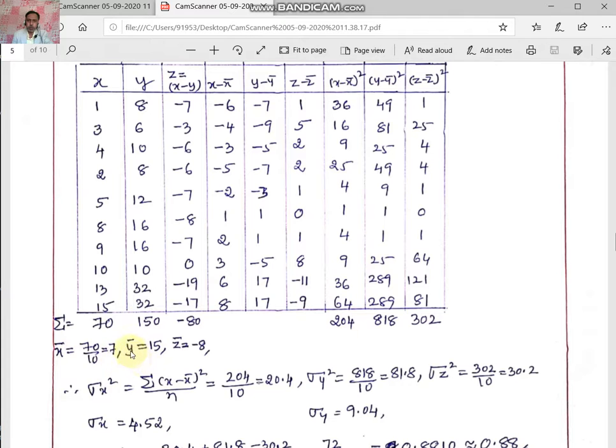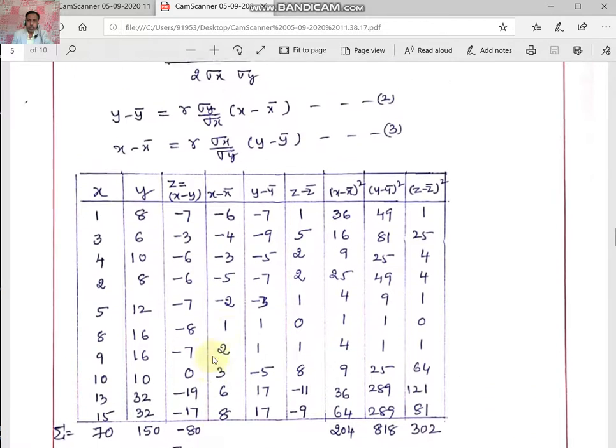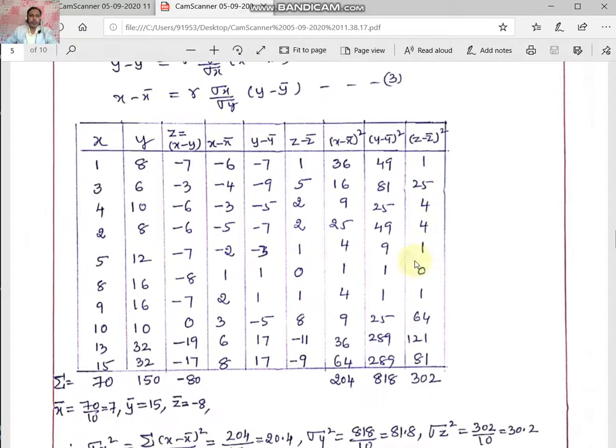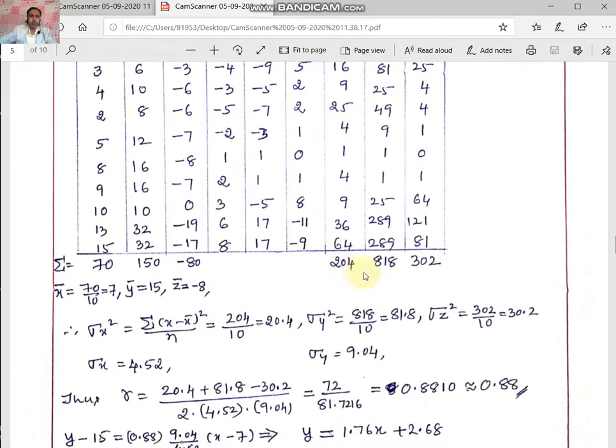Similarly, the average value of y, y bar, is 15, and the average value of z, z bar, is minus 8. Then the rest of the columns: x minus x bar, y minus y bar, z minus z bar. Obtain all values and square them: x minus x bar whole square, y minus y bar whole square, z minus z bar whole square, and their corresponding sums.